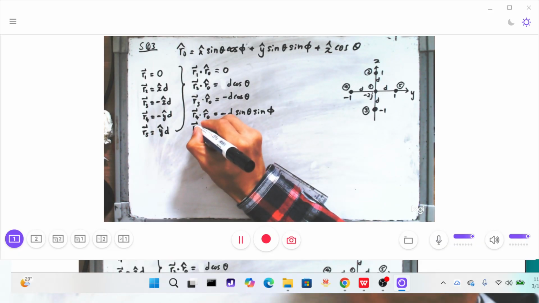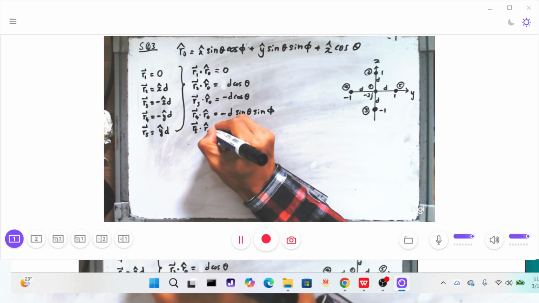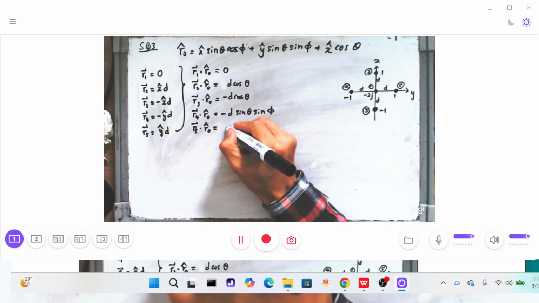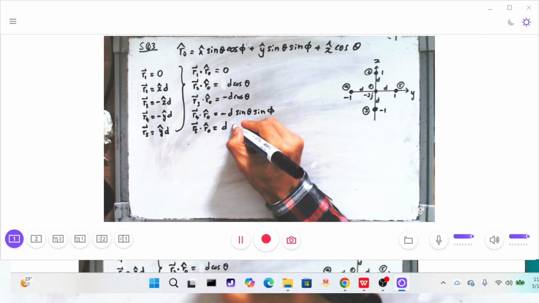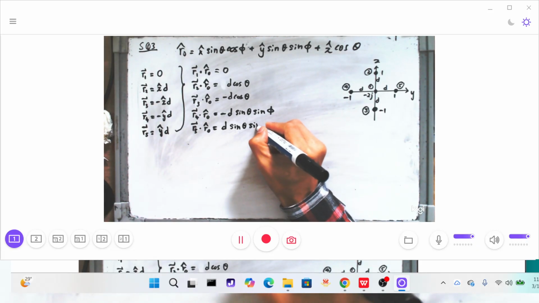And then arrow 5 dot product with arrowhead is d sine theta sine phi.